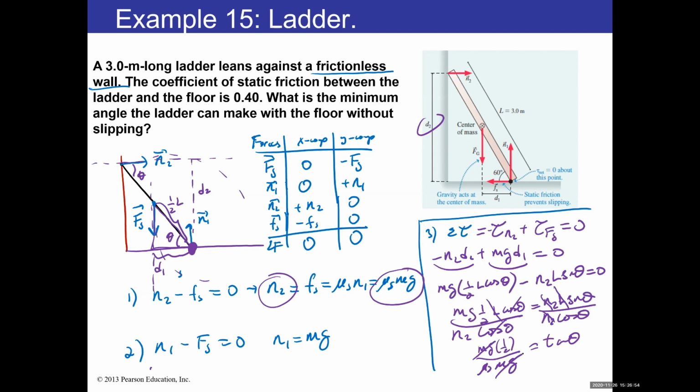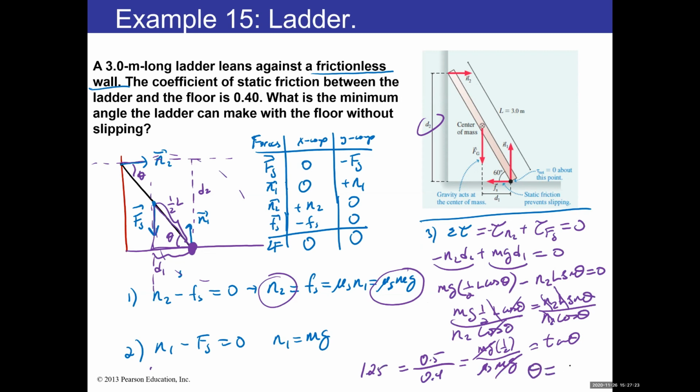All I have is 0.5 at the top, so it's 0.5 over mu s, which is 0.4. That means tangent of theta is 0.5 over 0.4, which is 1.25. So tangent of theta equals 1.25.